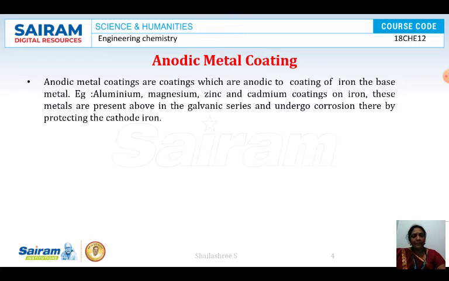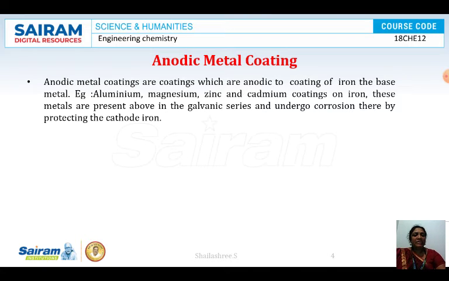Which metals are present above iron in the galvanic series? Aluminium, magnesium, zinc, cadmium, etc. If any of these is coated on iron, it is called an anodic metal coating.